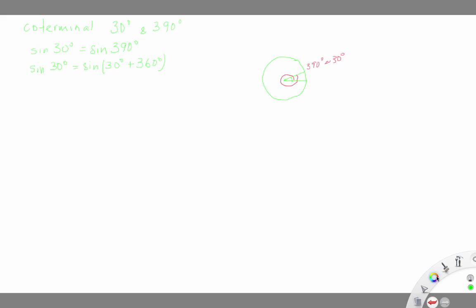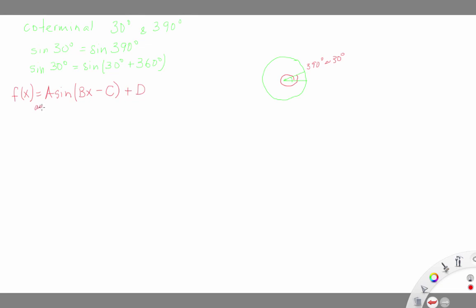Now I'm going to remind you of something we did last year, something you wrote in your PVATs: what does a sine function look like? I hope a lot of you remember that a sine function has an amplitude, has a period, has a horizontal shift, and a vertical shift.